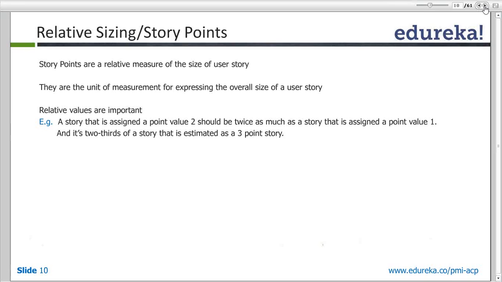So if I'm using my Fibonacci series, and if I say the size of my story A is 1 and the size of my story B is 4, that should ideally mean, not exact calculation wise, that story B, which has a story point value 4, is 4 times as complex or bigger than the story which has been assigned value 1.